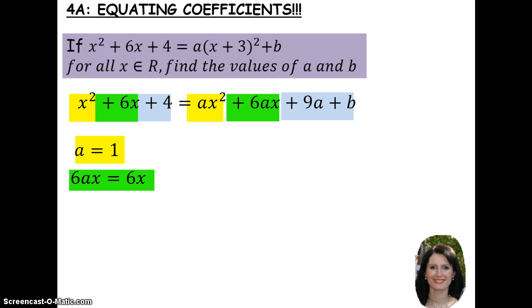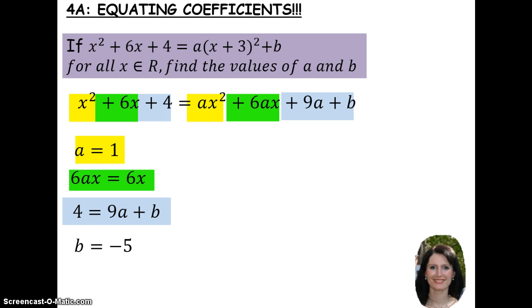Let's look at the third piece of information then. We've got positive 4 on the left equals positive 9a plus b. Let's write that down as well. Now, we know that a is 1, so that must mean that we can find b.